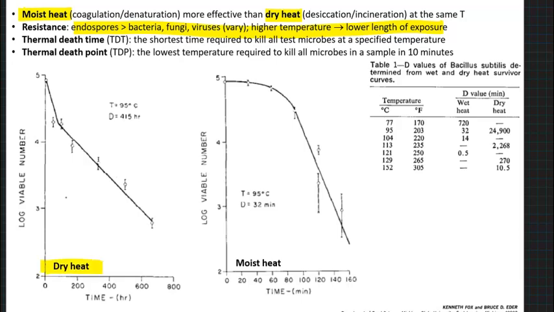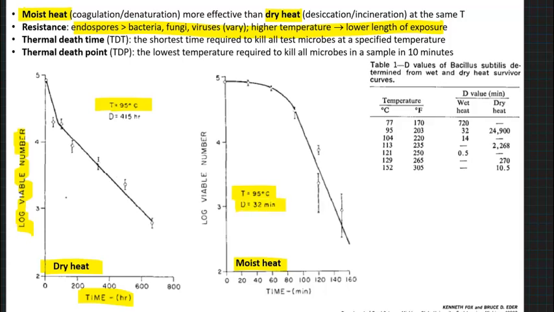So time is on the y-axis and the number of cells on the x. So dry heat versus moist heat. Look, same temperature. Now, how much time did it take for moist heat to reduce the number of microorganisms tenfold?